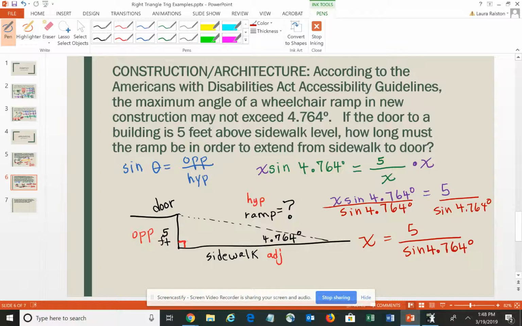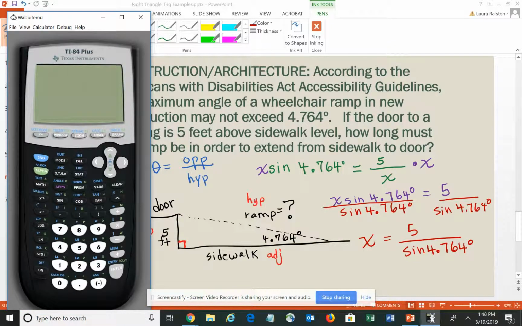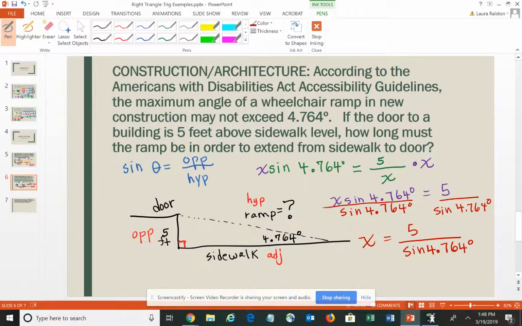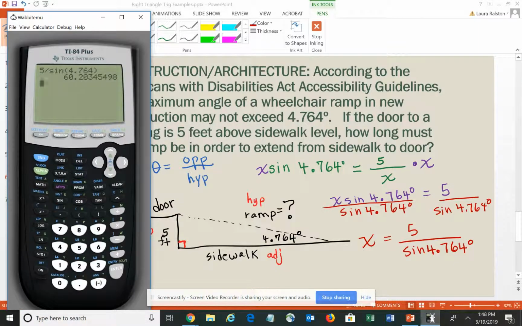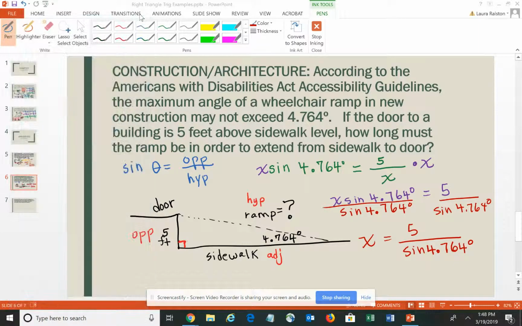And again, I'm going to go out to my calculator, and I've already confirmed that I'm in degree mode. So I would have 5 divided by sine 4.764, close it, enter. And so I get x is 60.203.